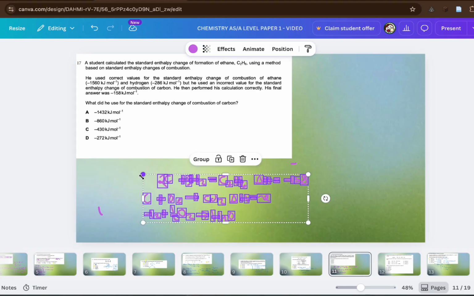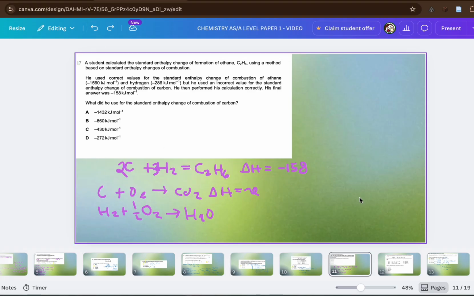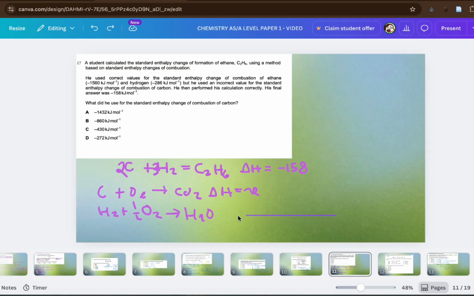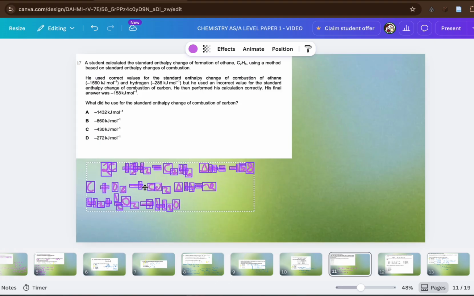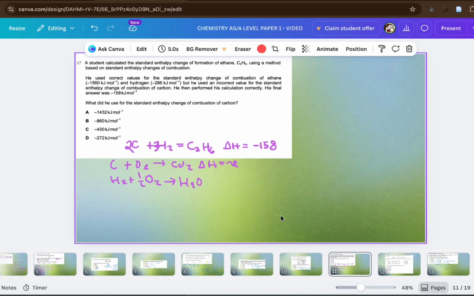Next, we'll write the reaction for the enthalpy change of combustion of ethane. Let's put it over here.